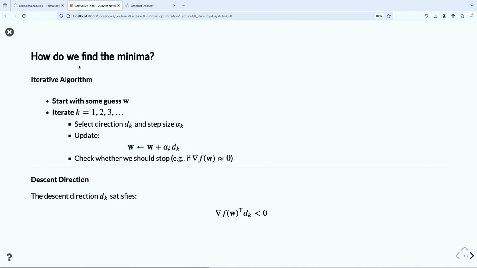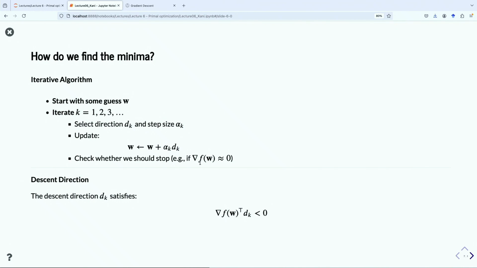Iterative algorithm is something we introduced last week as well, but let's recap. We have a particular function that we want to find the minimum arguments for. So we start off with some guess for the inputs. And then at that guess, we select a direction and a step size, and then we update the inputs, and we reevaluate.